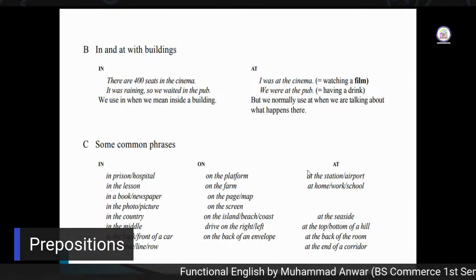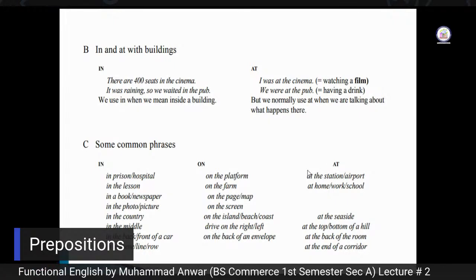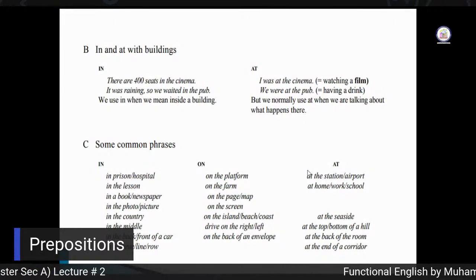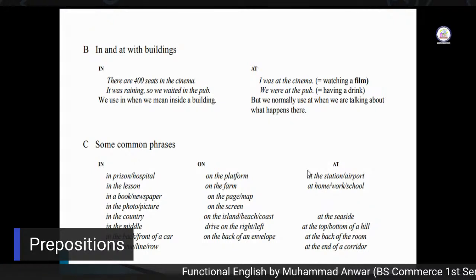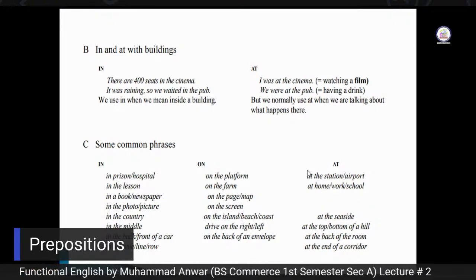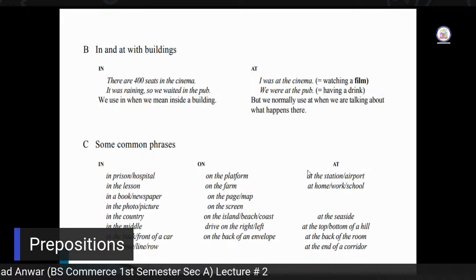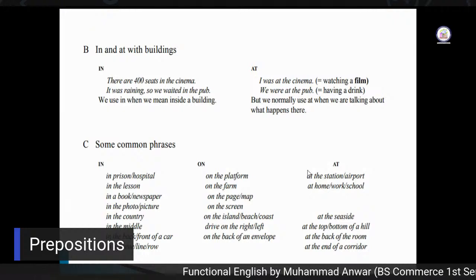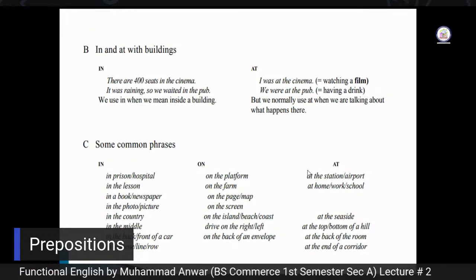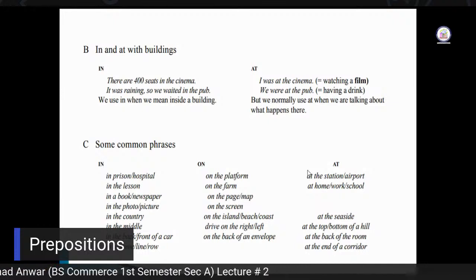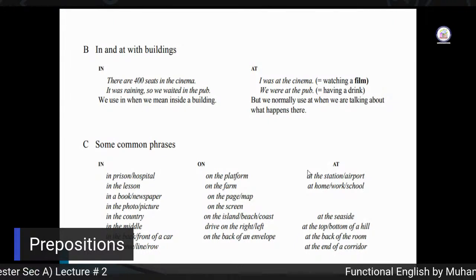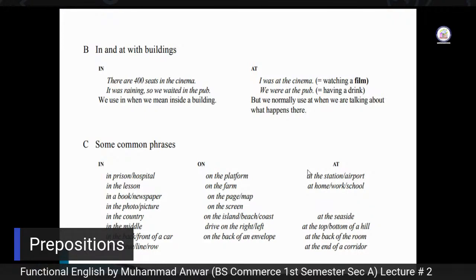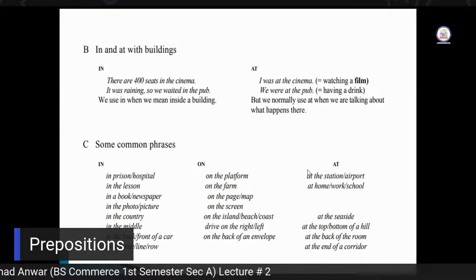These are very commonly used phrases, like in prison or in hospital, in the lesson, in a book, newspaper, in the photo, picture, in the country, in the middle, in the back, front of a car, in a queue, in a line, in a row, on the platform, on the farm, on the page, on the screen, on the island, beach, post, drive on the right, drive on the left, on the back of a road. At the station, at the airport, at home, at work, at school, at the seaside, at the top, bottom of a hill, at the back of the room, at the end of the corridor.